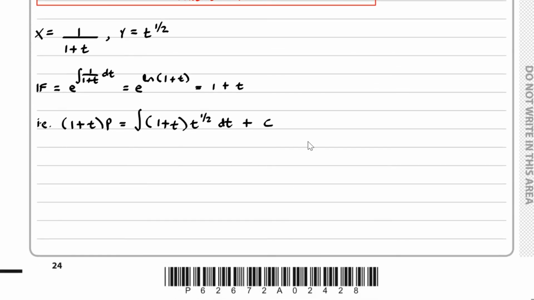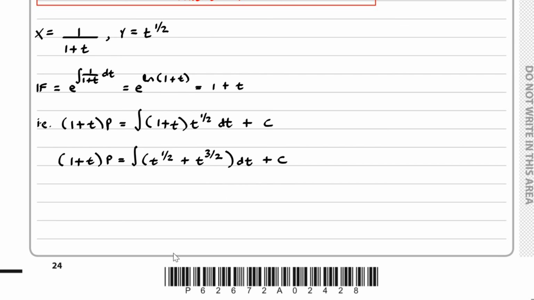And now we can use this to find a general solution of p. So we have 1 plus t lots of p, and this is equal to the integral of, if we expand this out, 1 times t to the half, that's t to the half, t times by t to the half, that's t to the power of 3/2. And we will integrate this with respect to t, and don't forget we have a constant of integration c.